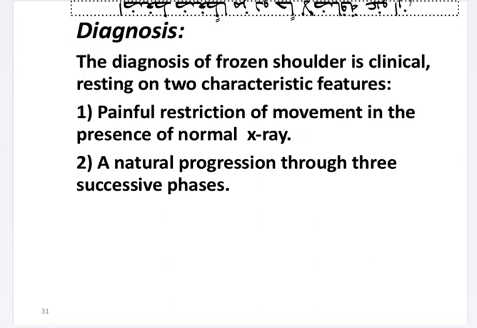Second, natural progression through three successive phases. First phase, pain only. Second phase, pain plus stiffness. Third phase, stiffness only. And then spontaneous resolution. As we said, we need 18 months for spontaneous resolution.